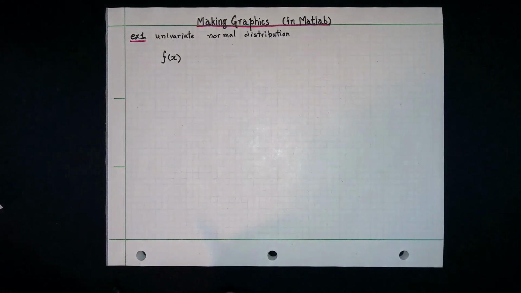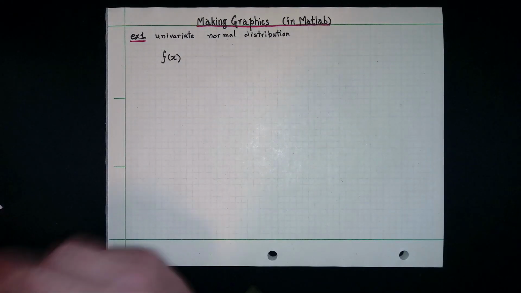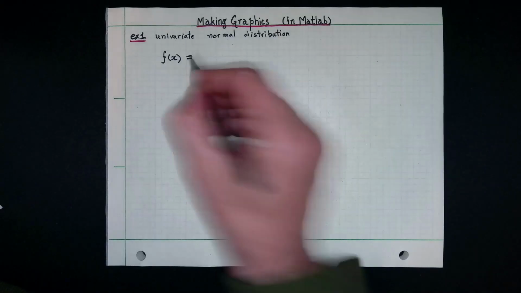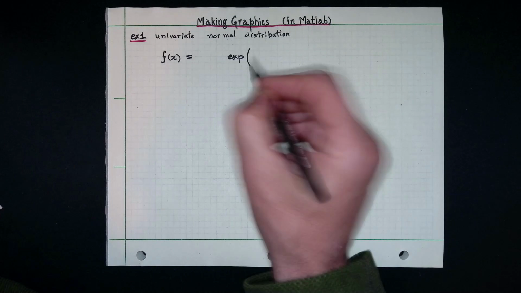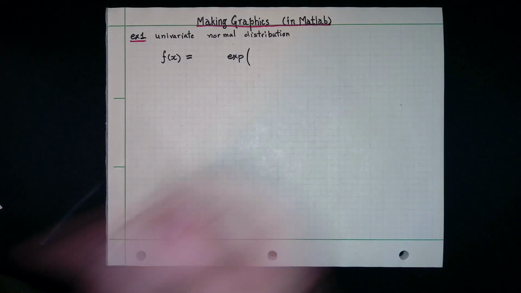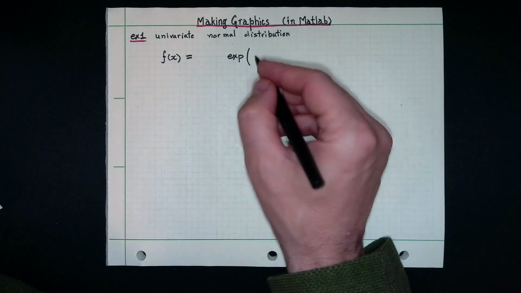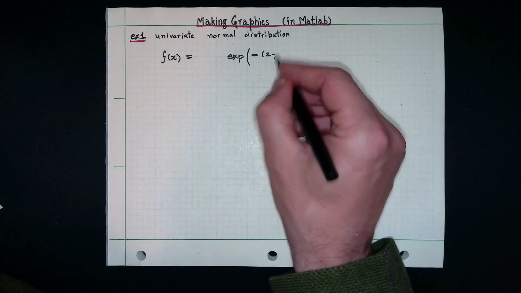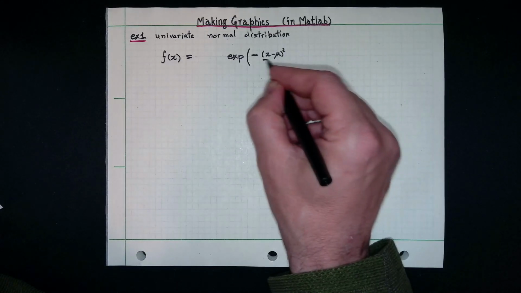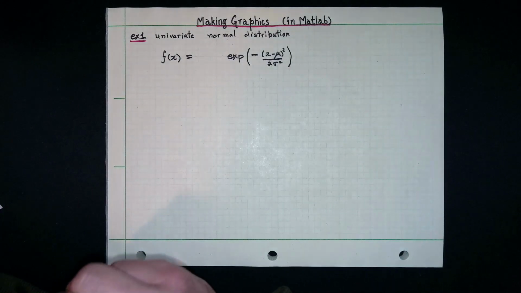And the normal distribution is defined in terms of a Gaussian, and the Gaussian is a function that is given by the exponential of an expression which is a quadratic function or quadratic polynomial. And the particular one that's used in the normal distribution is minus x minus mu squared over 2 sigma squared, where mu and sigma are parameters.